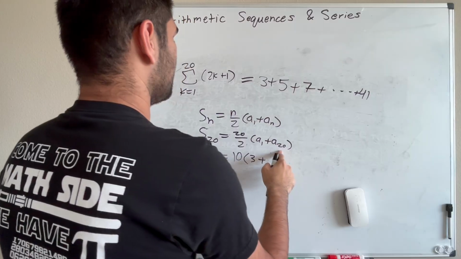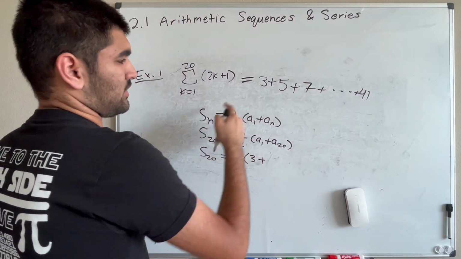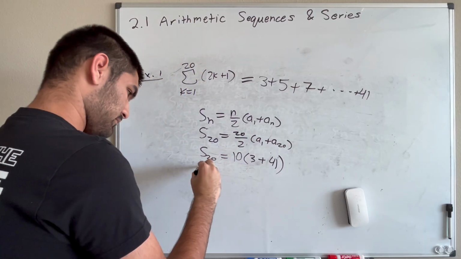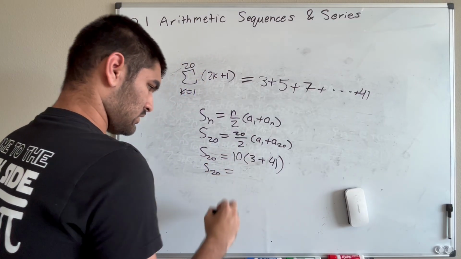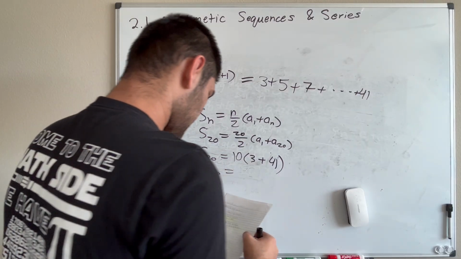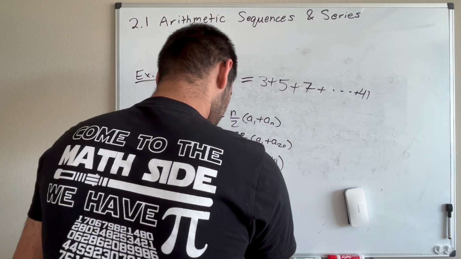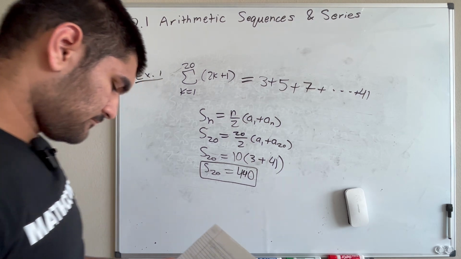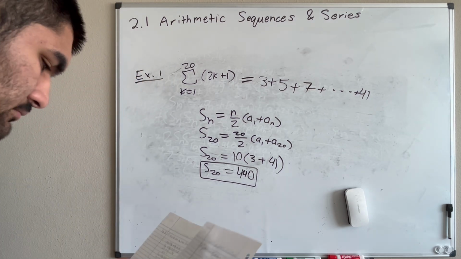And then a20 is the 20th term, so that's just the last term, which is 41. Okay. And evaluating this, you should get 440. Okay. All right. Nice.